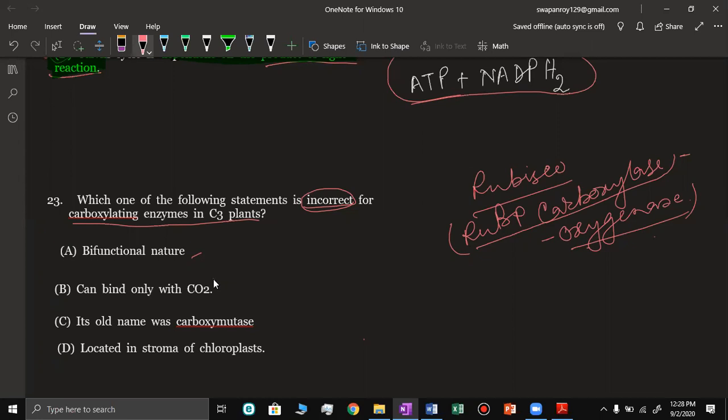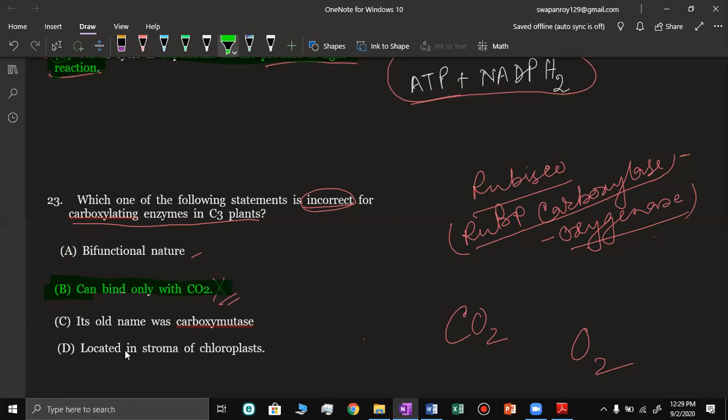No, this one is the wrong statement, because Rubisco can bind with carbon dioxide and it can bind with oxygen. So the wrong statement about Rubisco is that it can bind only with carbon dioxide.